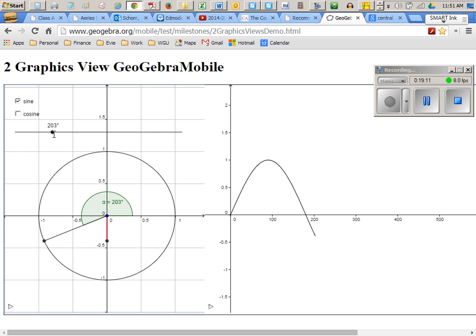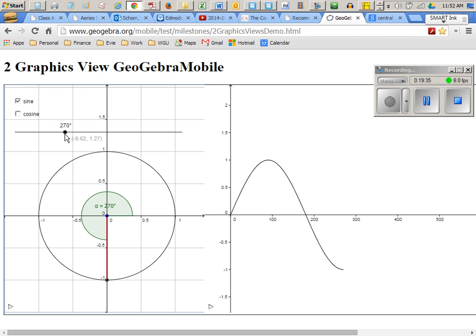Next stop is 240, where my x coordinate is -0.5. Next stop is 270, where my x coordinate will be what? The x coordinate is 0 on the y-axis again.